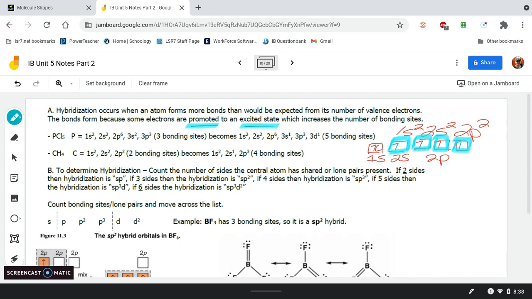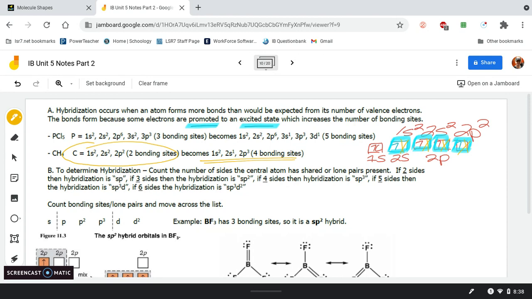So we draw carbon all the time with 4 things attached. Well, for that to actually happen, it needs 4 spaces, which it now has. That's what's going on in hybridization. Okay, so this is what we see, and this is what actually happens to get those bonding sites.